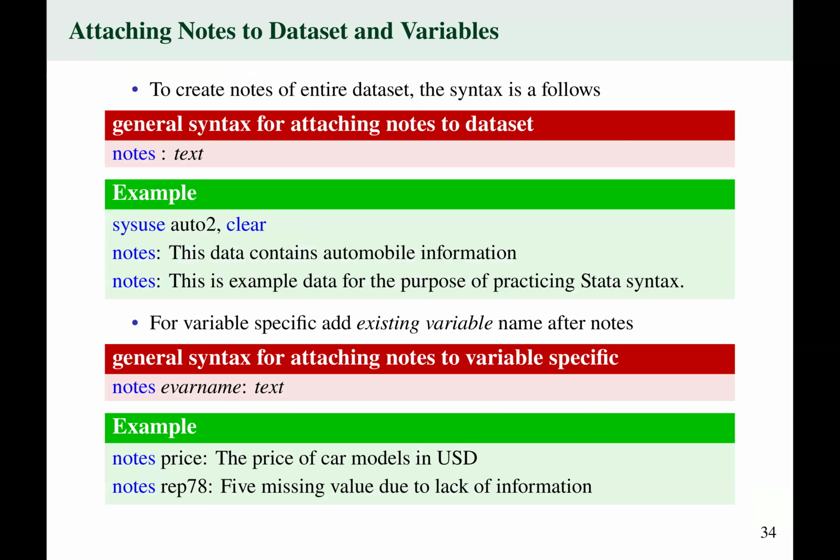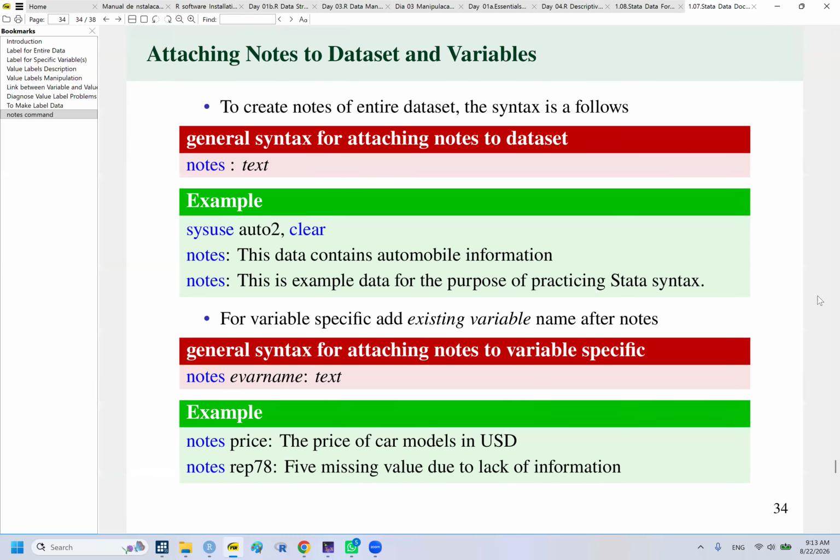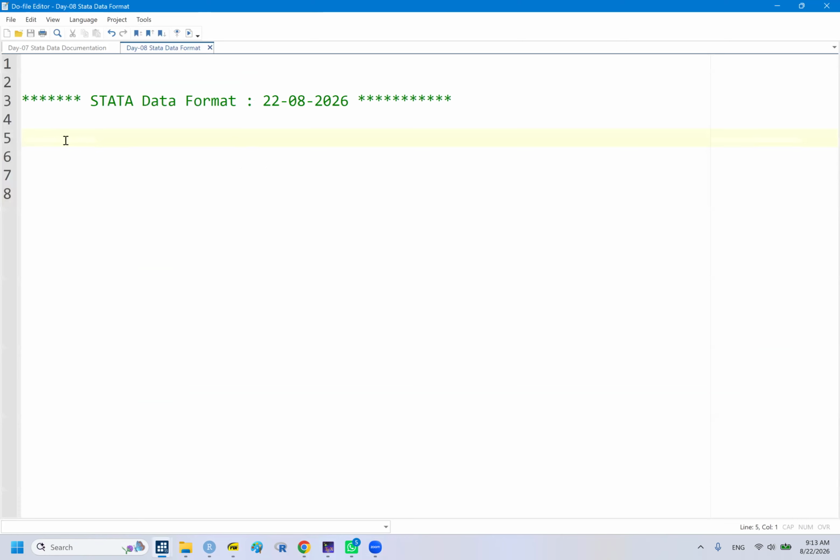Now, number 1, how should we create or attach notes? But before that, how can we realize whether our data contain notes or not? You can recall this from data notes, data documentation.